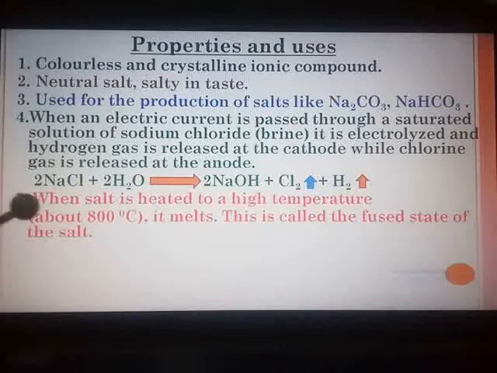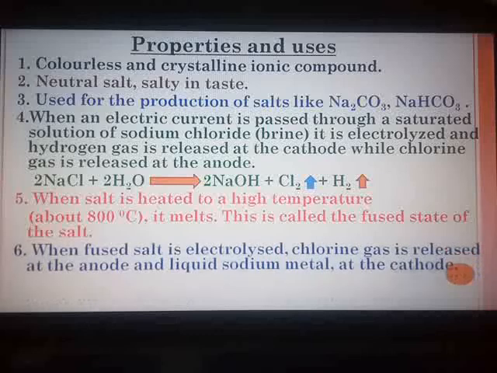When the salt is heated to a high temperature of about 800 degrees Celsius, it melts and it is known as the fused state of the salt. And when current is passed through this fused salt, then you will see chlorine gas at the anode and liquid sodium metal at the cathode.